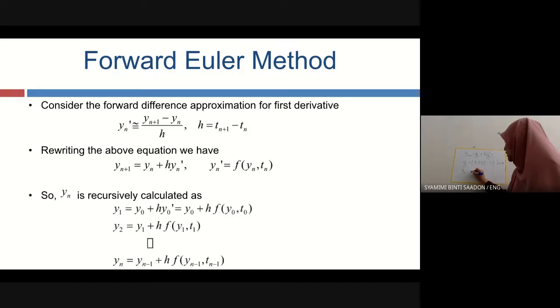So y2 is y1 plus h times y1 prime. If you calculate, y1 prime will be negative 0.3825, so y2 will be 0.26.